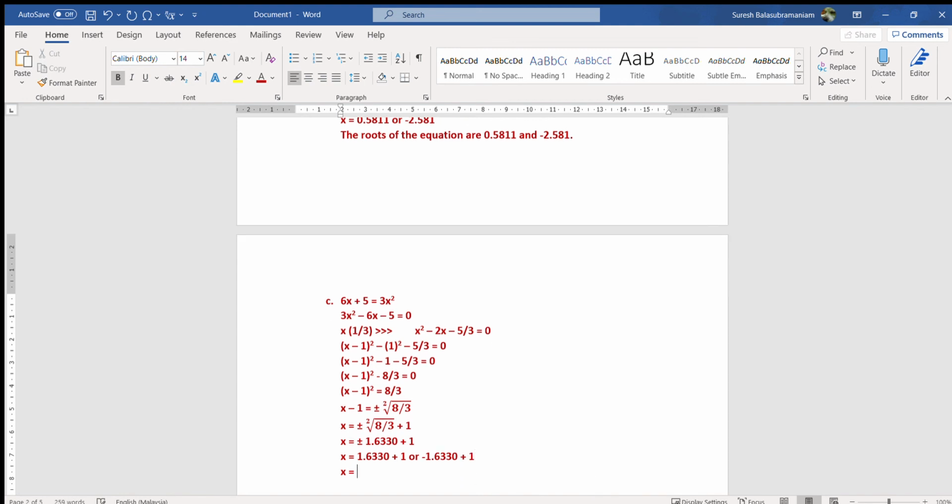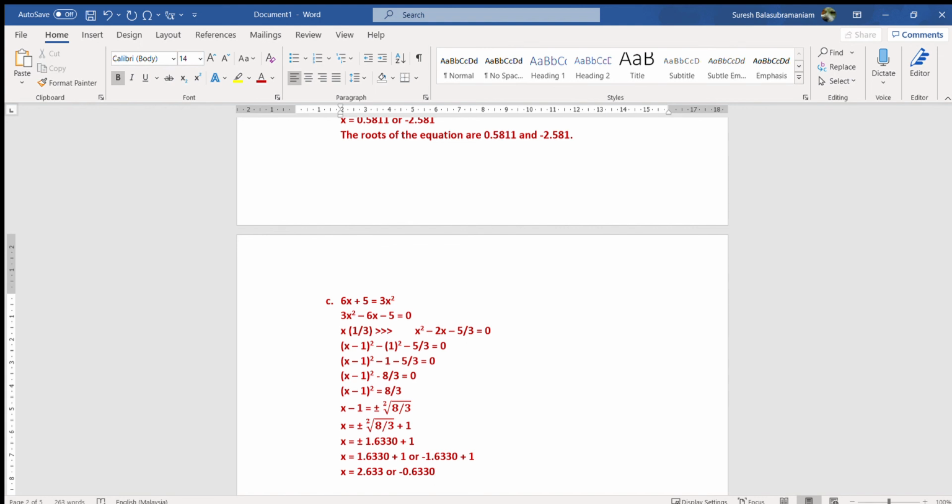Here I'll get 2.633. I'll just drop the 0 because I need only 4 significant numbers. Or here I will get negative 0.6330. Okay, 4 significant numbers.